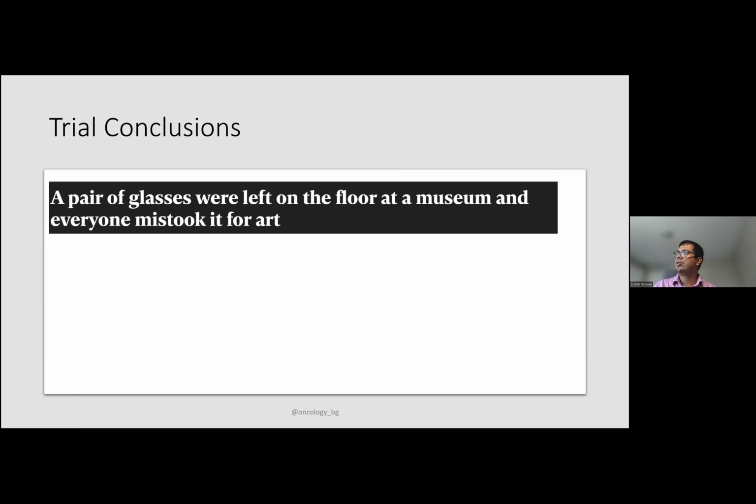So if you have a bias to consider the trial as positive, then even if the results are clearly negative, you will find something in there to say that it is positive. And you'll conclude that this is a good treatment, this is a good drug, and everyone should be using it, even if the drug is not good, even if the results are not satisfactory.